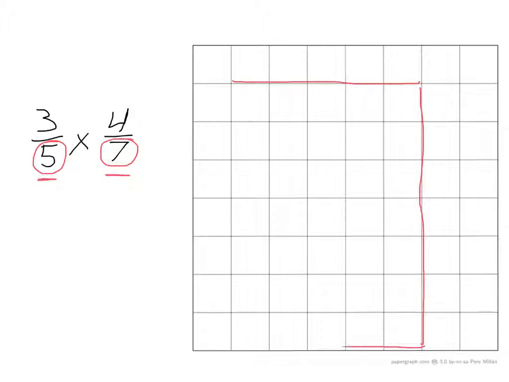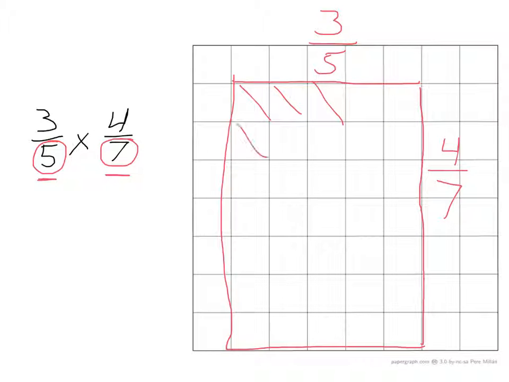So I'm going to draw my array, box it in. And this is going to be 5 columns and 7 rows, but I'm only interested in 3 of those columns, and I'm only interested in 4 of the rows. So let's draw those in and make my diagonals.